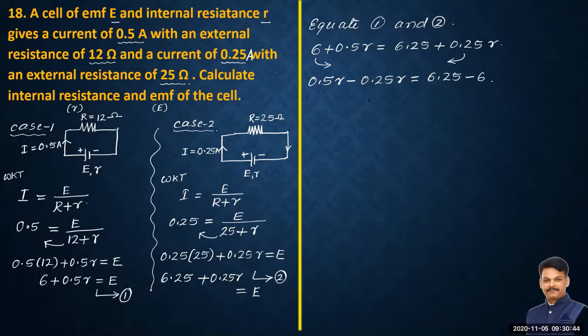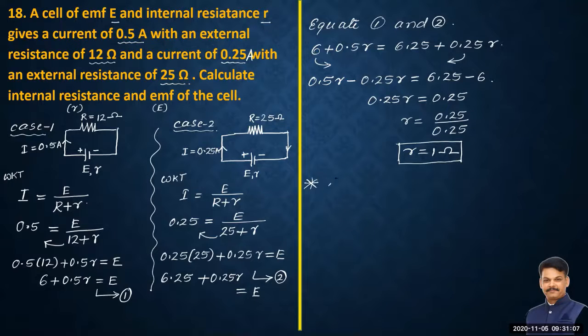That is 0.5 minus 0.25, it is 0.25, and 6.25 minus 6 is again 0.25. Therefore, r is equal to 0.25 divided by 0.25. Hence, the r value is 1 ohm. We have calculated the internal resistance of the cell or the battery.